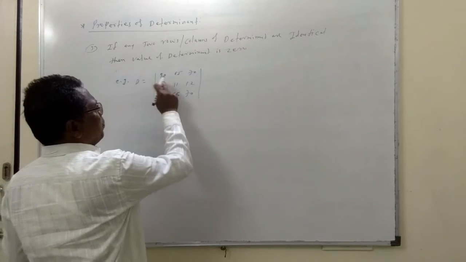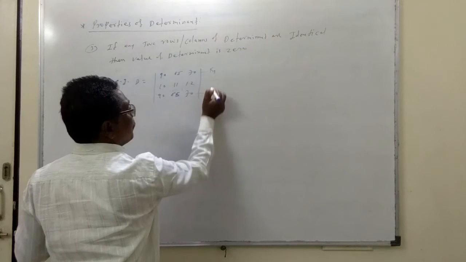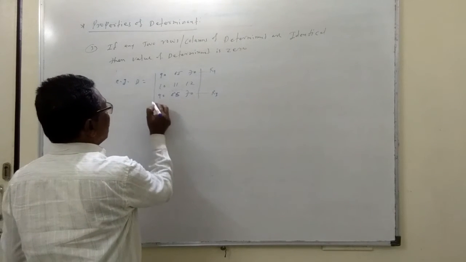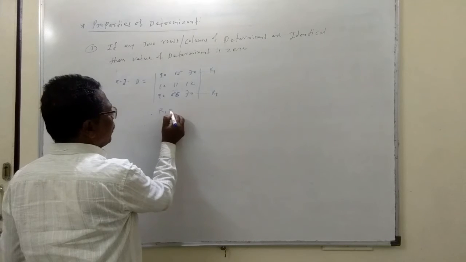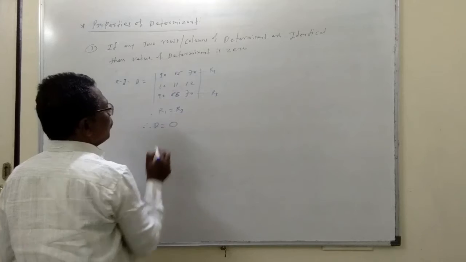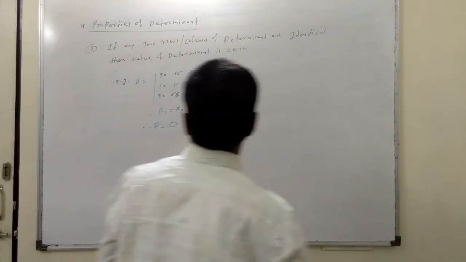But if we observe R1 and R3, these are identical. Since R1 is equal to R3, therefore D is equal to 0. The value of the determinant is 0.